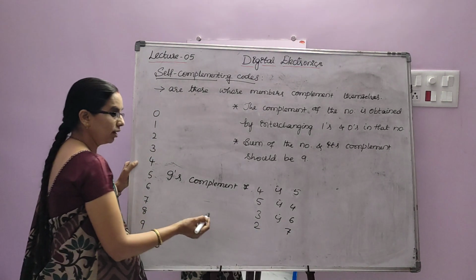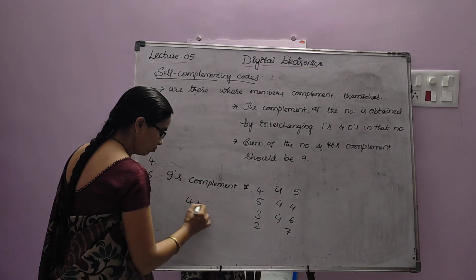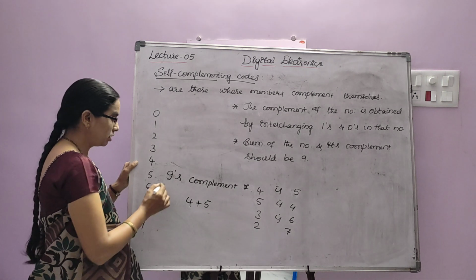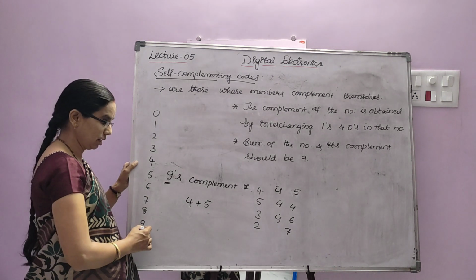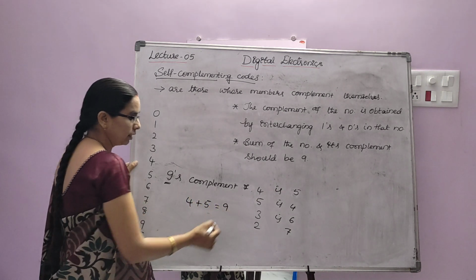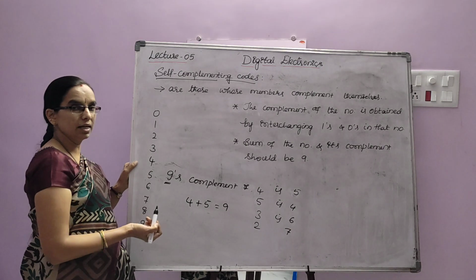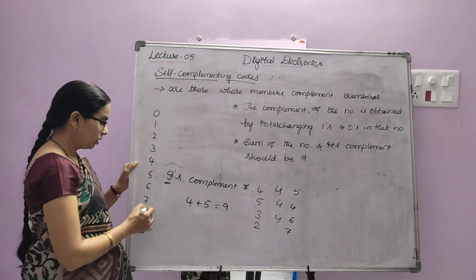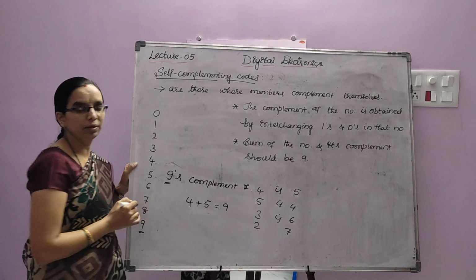So how will you get that? If you add these two numbers, 4 plus 5, what is the maximum, the last symbol? The maximum value, that is 9. If I add 4 plus 5, then I will get 9. 3 plus 6, then 9. 2 plus 7, 9. 1 plus 8. So according to that, the 9's complement of 8 is 1. This is the 9's complement method.